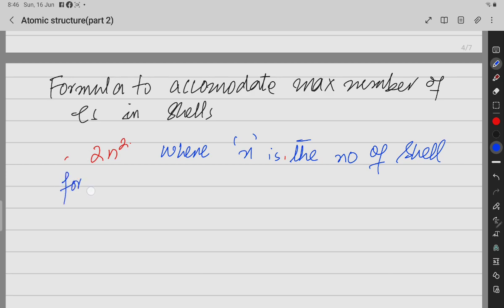For shell 1, 2 into 1 squared gives 2. Similarly, for shell 2, 2 into 2 squared is equal to 8.